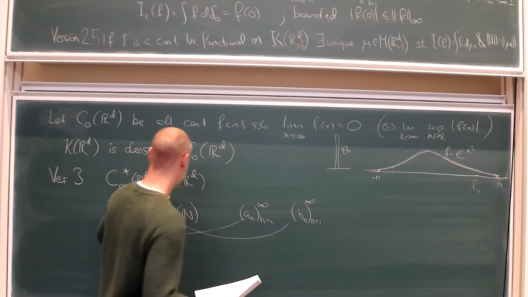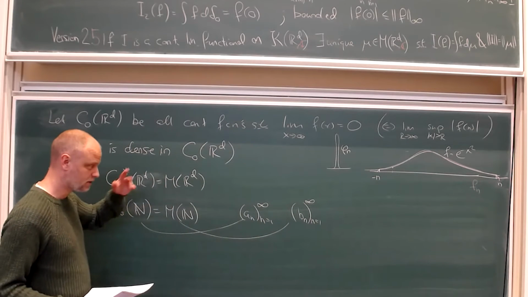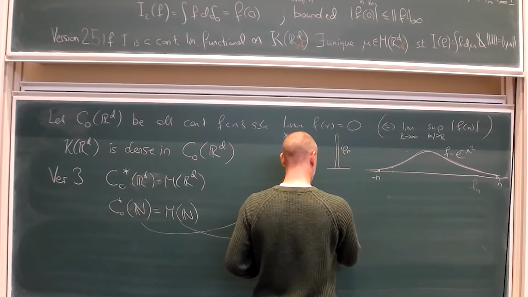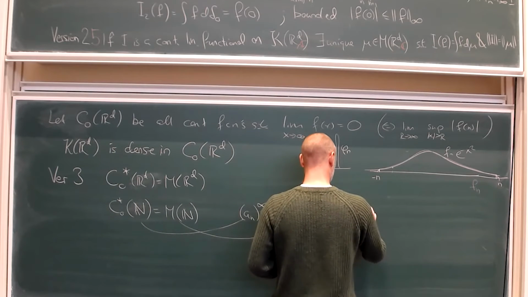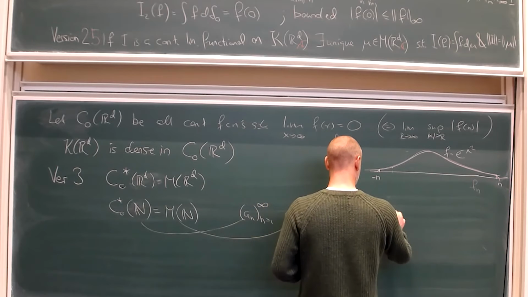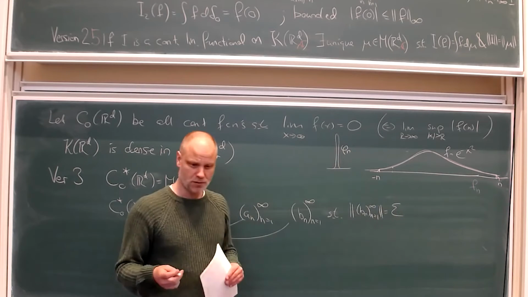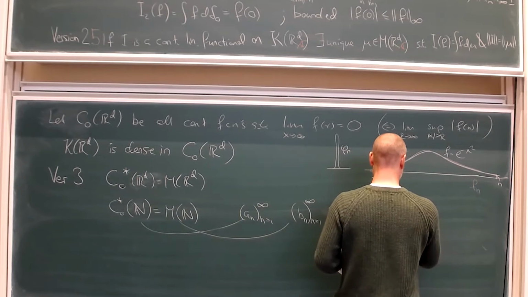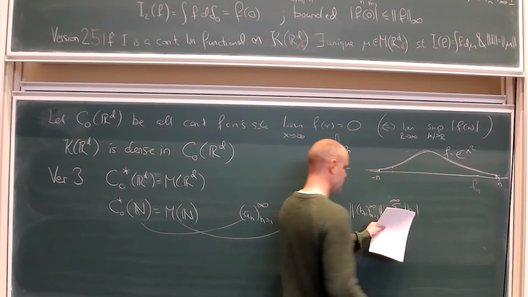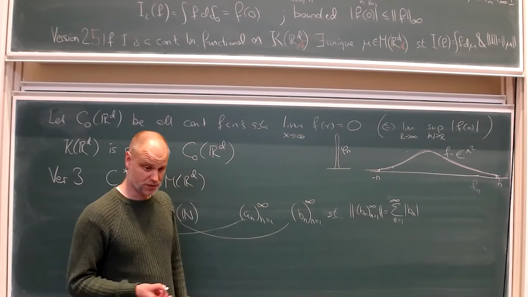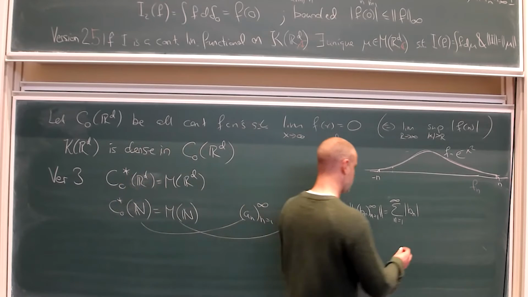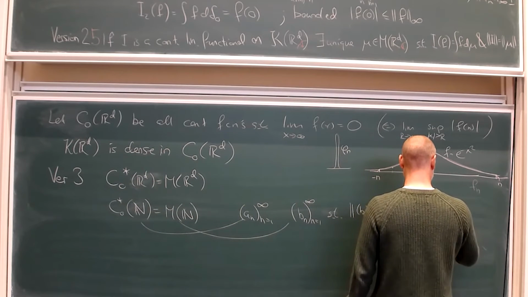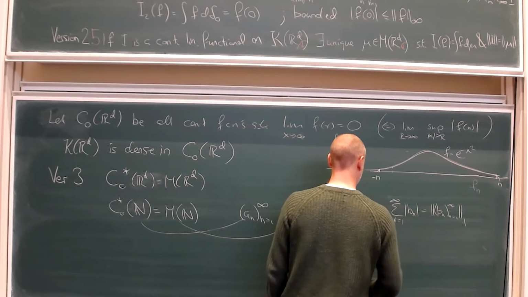And then since here we have finite signed or complex, we know the norm of this as a measure, the variation of this measure, will be nothing but this, right? And that is actually equal to the L1 norm of the sequence. Let's put here M.